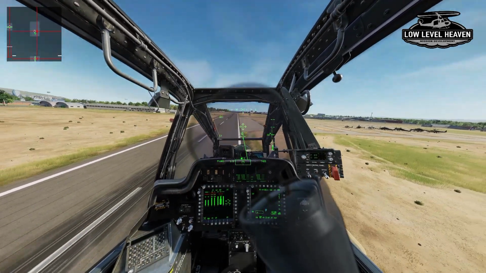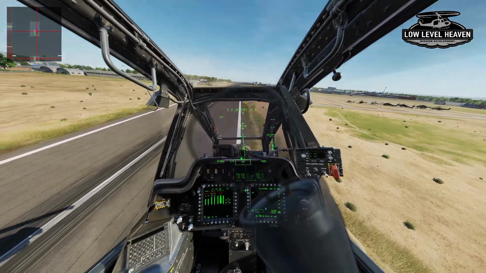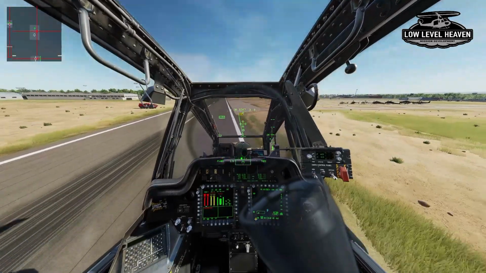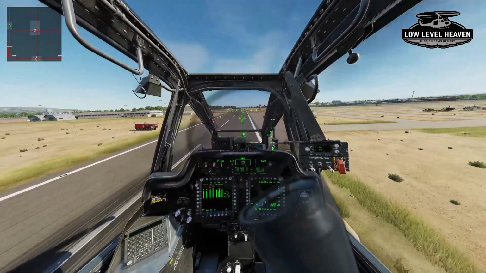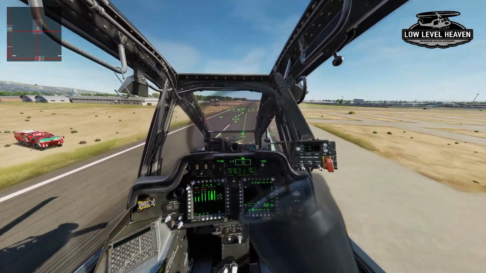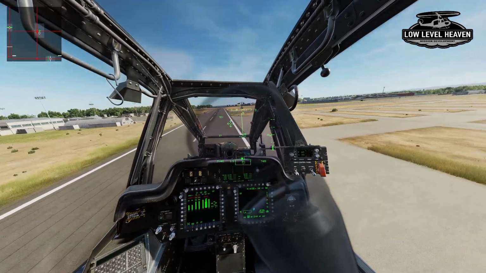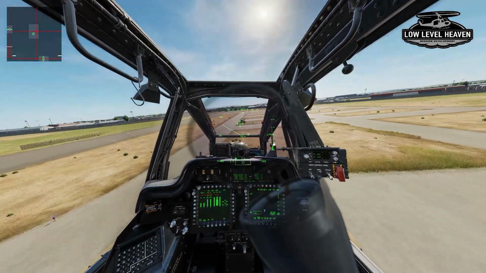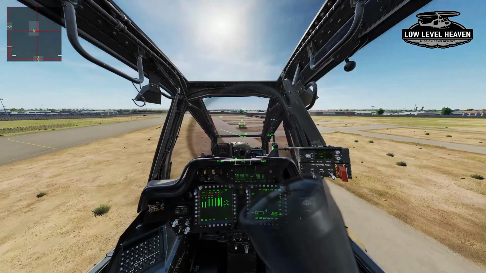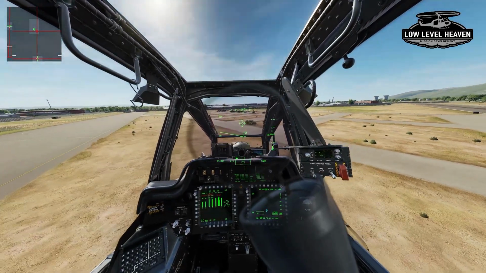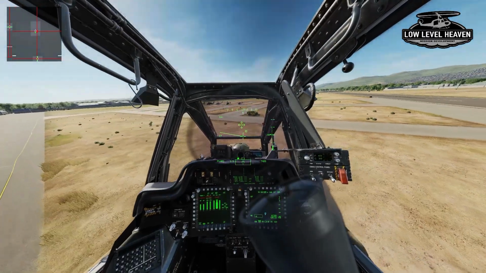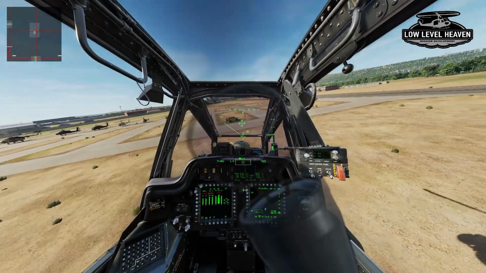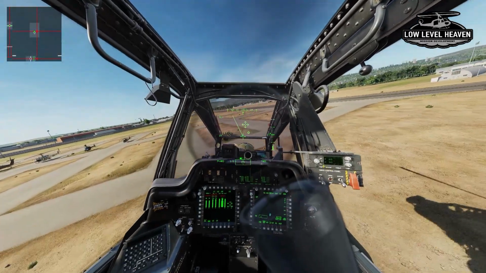For me, it's more fun to fly light and agile helicopters than flying fortresses, flying tanks, which are, because of the weight, of course, not as agile as a smaller one, but it should still have the ability for some hard, close to ground maneuvers without getting into a situation where you're not able to recover.